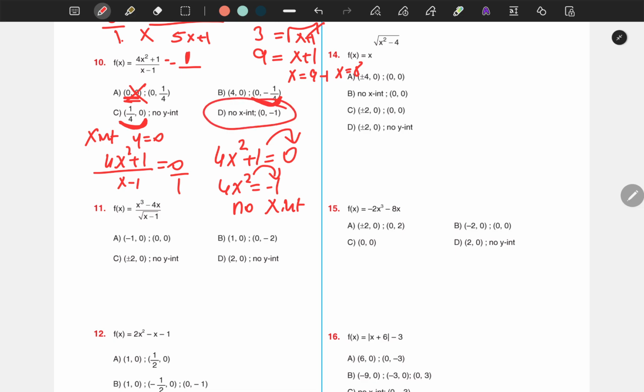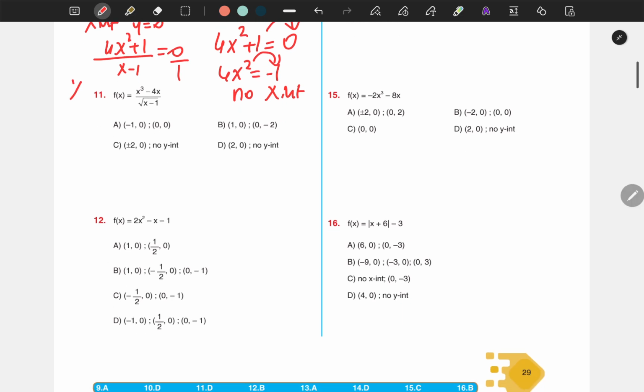Okay, next question. Pay attention on this question, guys. This is important. So, for x-intercept, y must be 0, isn't it? Okay, again, 0 equal x power of 3 minus 4x over x minus 1. Can I do cross product? 0 times this, 0.